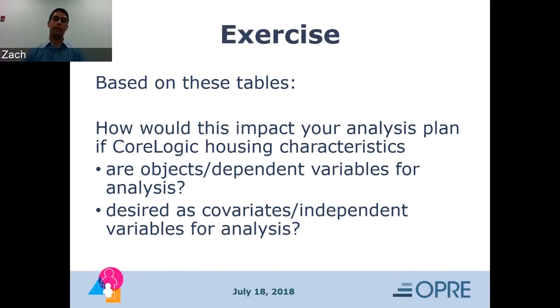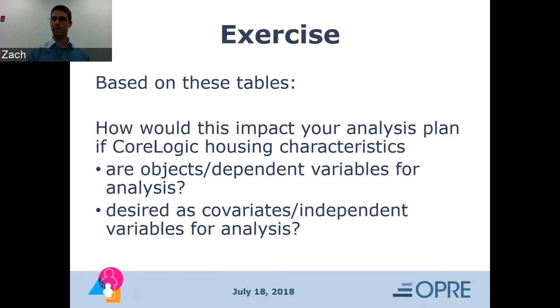One where the CoreLogic housing data are outcomes or dependent variables in your analysis, and second, as if they are covariates or independent variables in an analysis that's focusing primarily on other variables. So if you again break into a couple of groups, I think we'll do 8 minutes for this exercise and think about how these results would inform your analysis plan under each of these scenarios. So I'll again give you about a 5-minute and about a 2-minute warning.